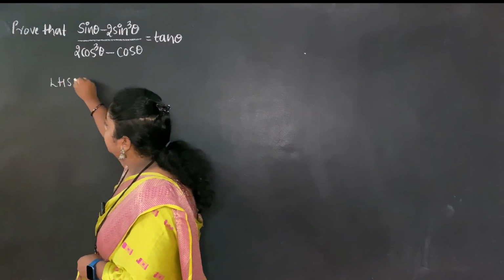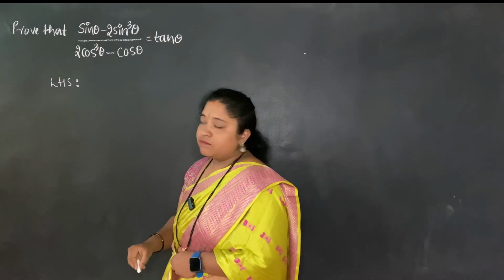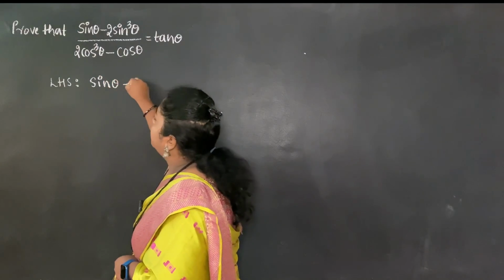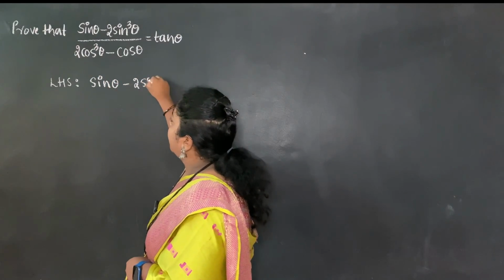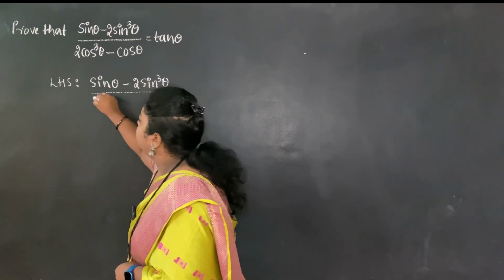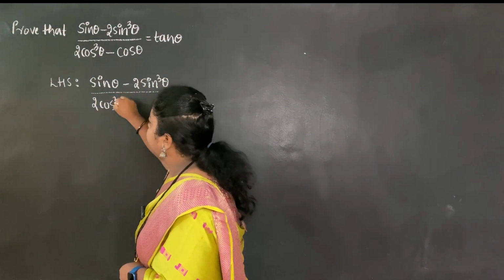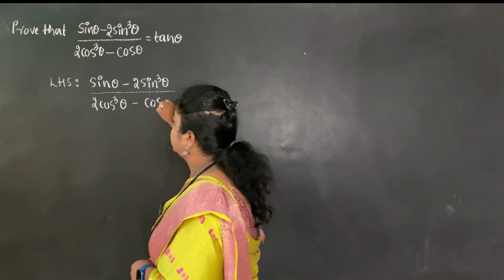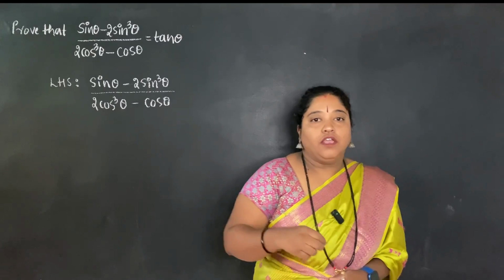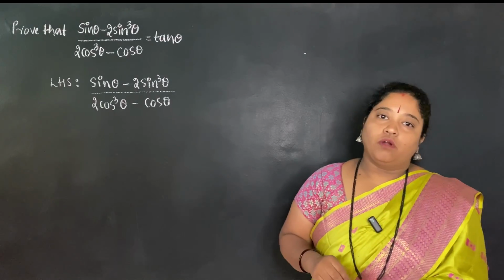First consider the LHS part. What is there in the LHS part? I have sine theta minus 2 sine cube theta whole divided by 2 cos cube theta minus cos theta. Whenever you solve this kind of question, your decisions are very important.